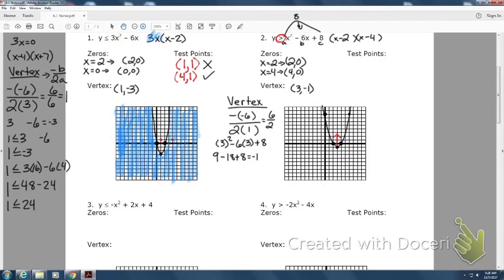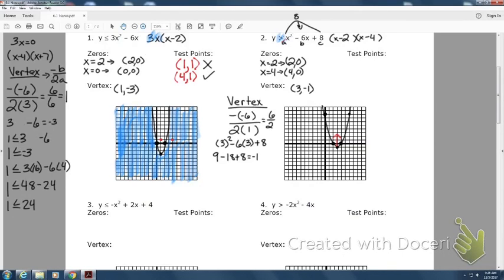So, before we go any further, what is wrong with the parabola that we graphed there? Somebody tell me. What does that tell us it should look like? Dashed, or dotted, however you want to say it.